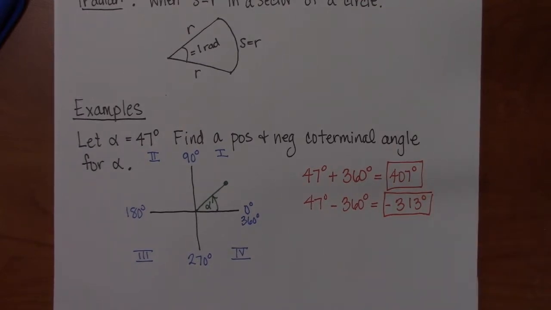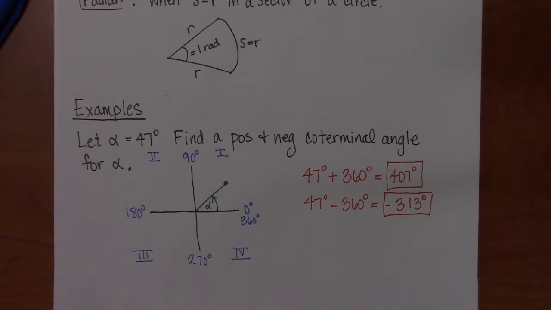One of the things you'll notice on homework is some of the questions might ask you to find the next 2 or 3 positive coterminal angles. So if they wanted you to find 2 or 3 of these, the first one would be 360, right? Then you would add 360 to the result to get the next one, and then add 360 again. So you could just keep doing that as much as you wanted.